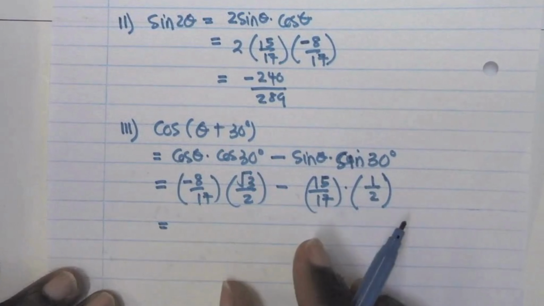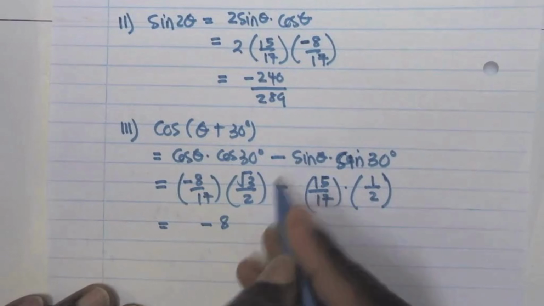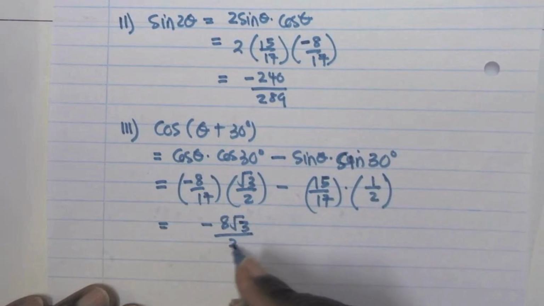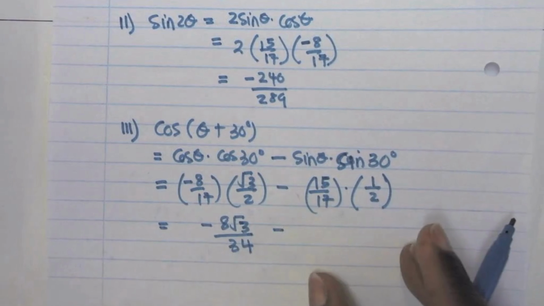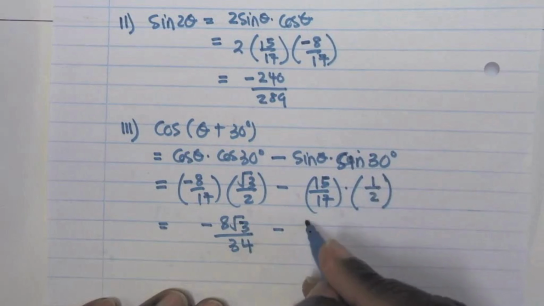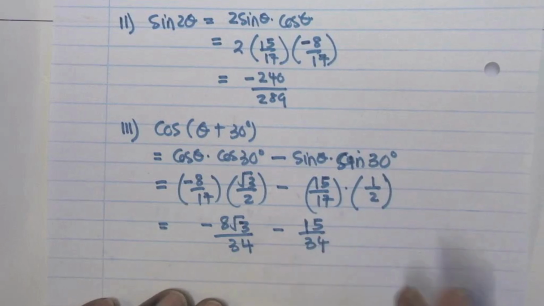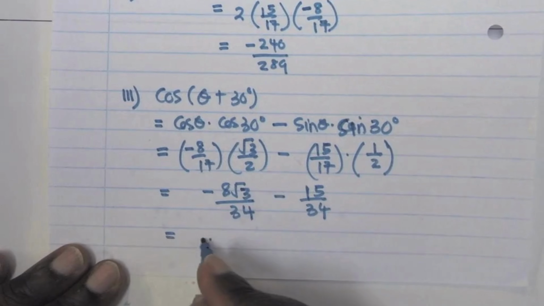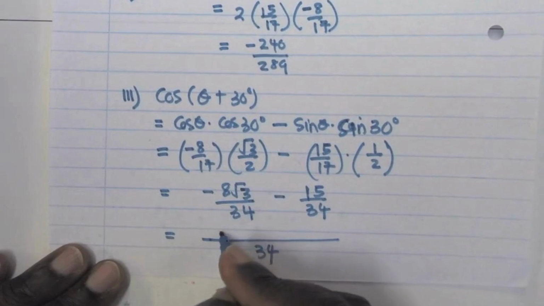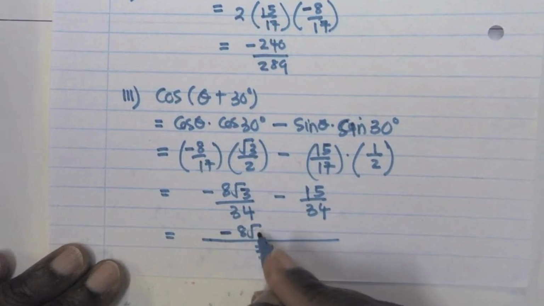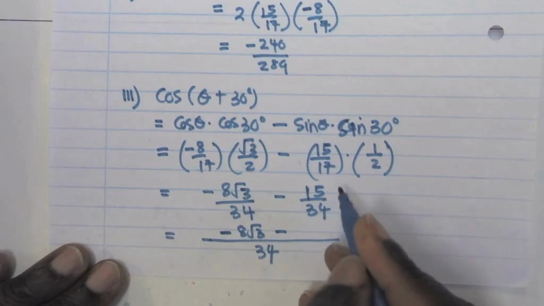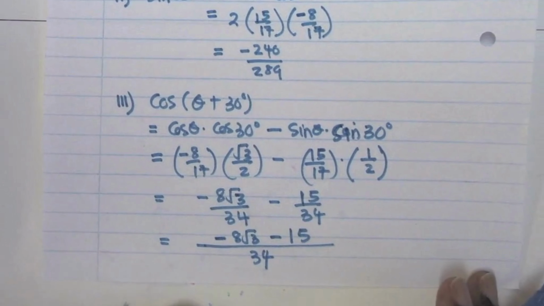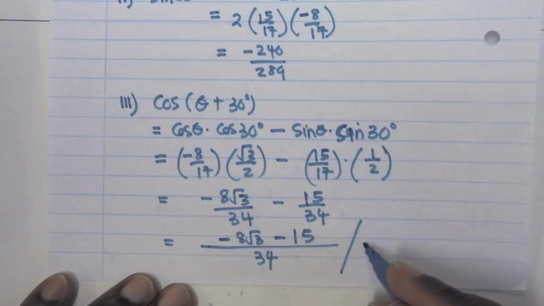If I simplify, in this part here, I'm going to get, and then on the other part, I'm going to get, then my final answer is going to be. And if you put this in the calculator, you will observe that your calculator writes this answer in this form here.